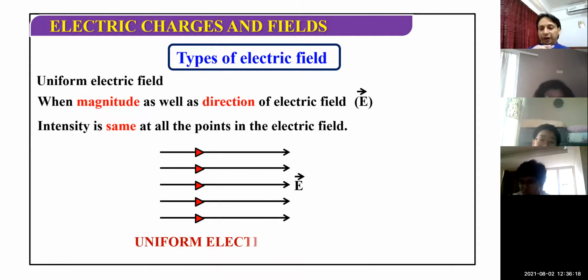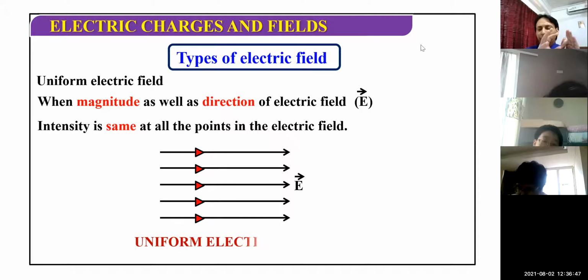Whenever, children, you find the electric field lines completely parallel to each other, whether in a horizontal plane or in a vertical plane, in any way, if the lines are parallel, parallel means they are equally spaced. Spacing should be equal among all these lines, whether 2 lines, 4 lines or 5 lines.